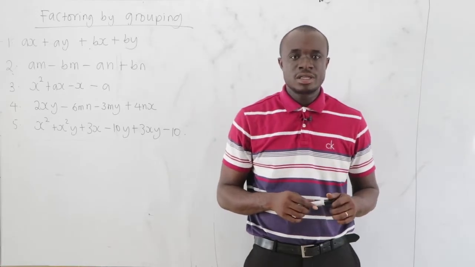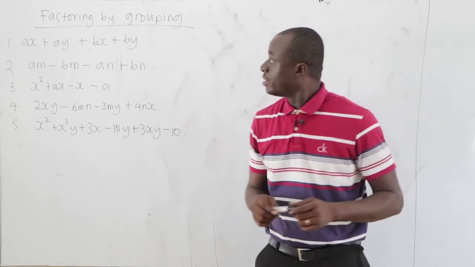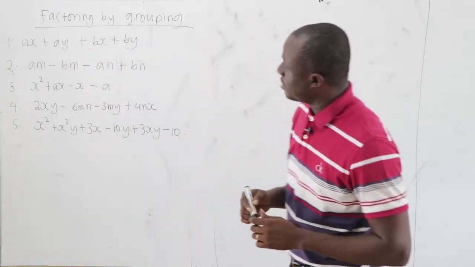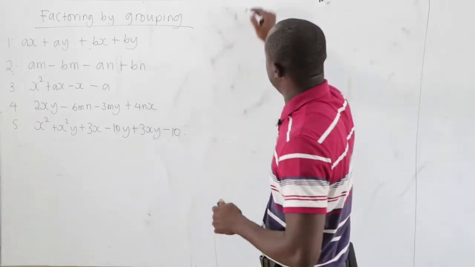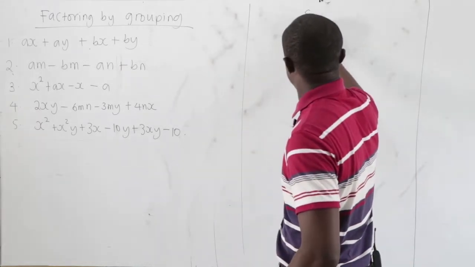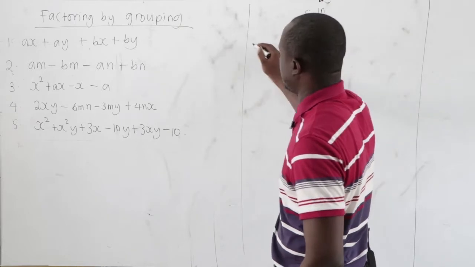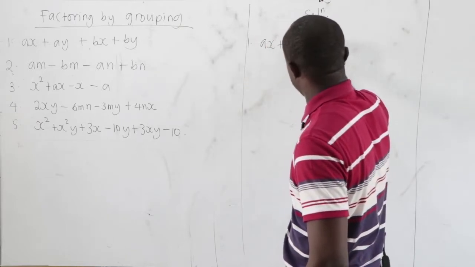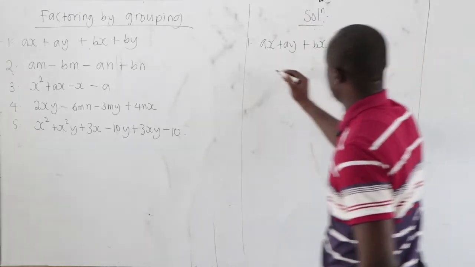Now I would like to consider factoring by grouping. In the first example, we want to factorize the following: ax plus ay plus bx plus by. So the first one, we have ax plus ay, bx plus by.